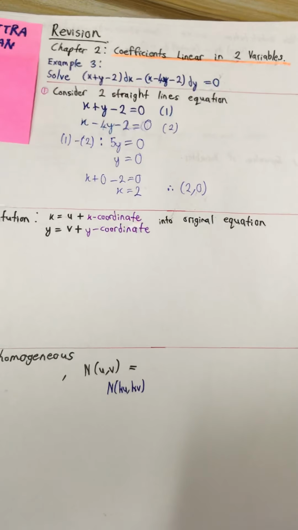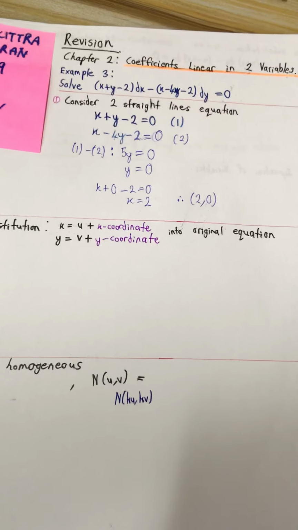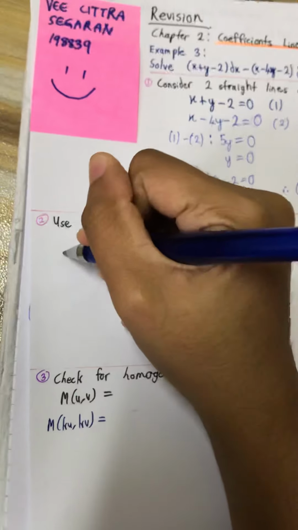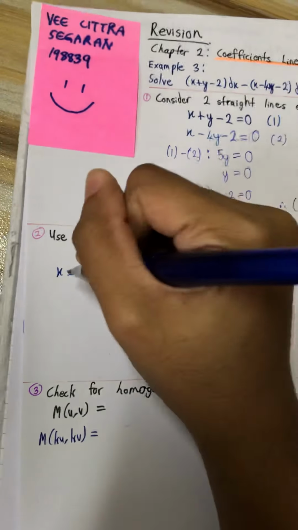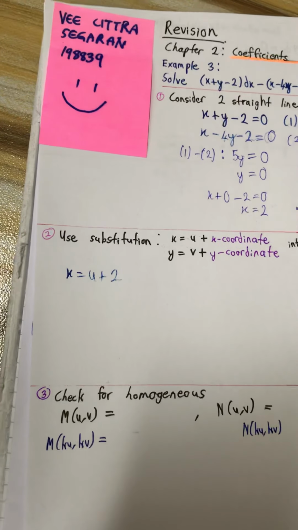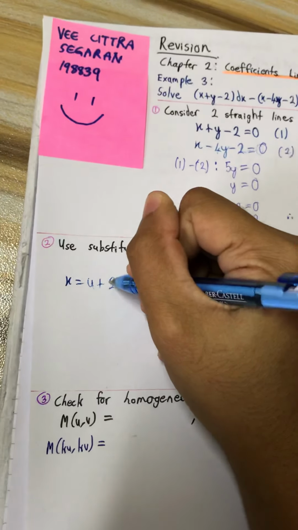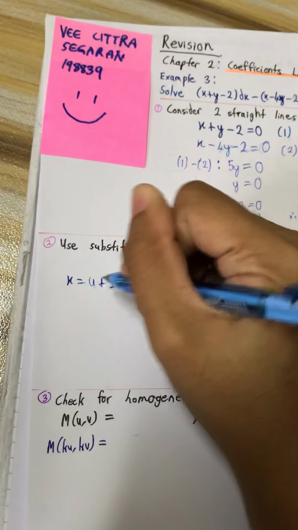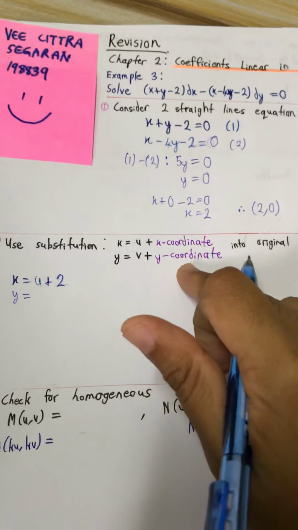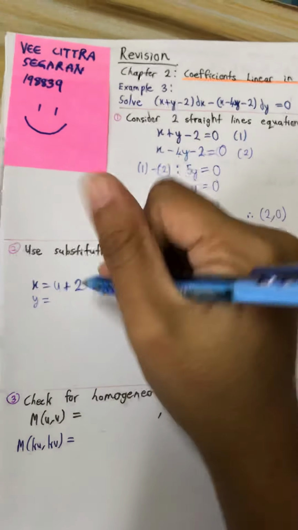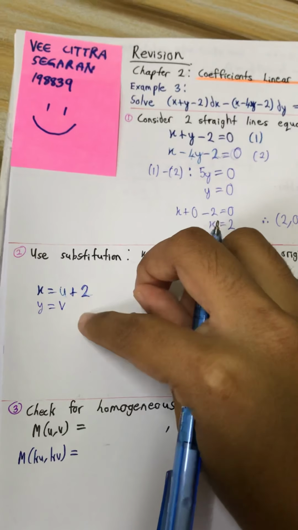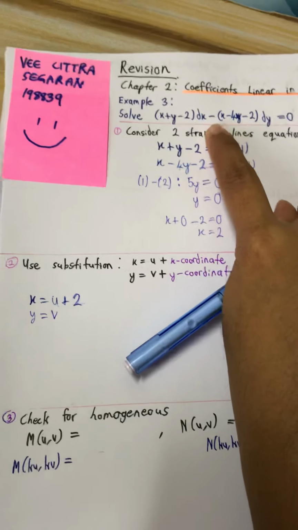Our x coordinate just now is 2, so we substitute x = u + 2, and then y = v + y, but just now our y is 0, so y = v. We substitute both of these into the original equation.